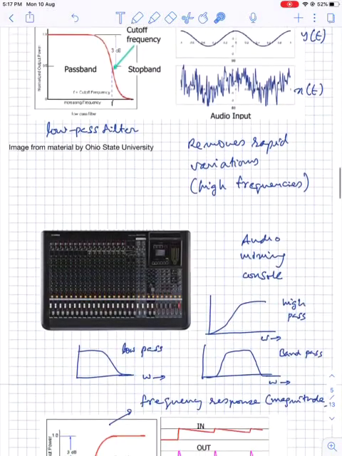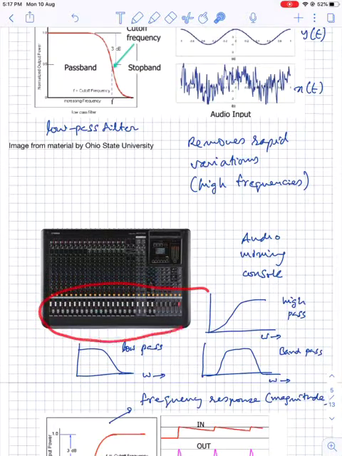Okay, so in practice in audio signal processing, you must have seen these mixing consoles if you've seen pictures of audio recording studios where the music director sits and records the music while it is being sung by the singer and the instruments. So this set of knobs here control the frequency response.